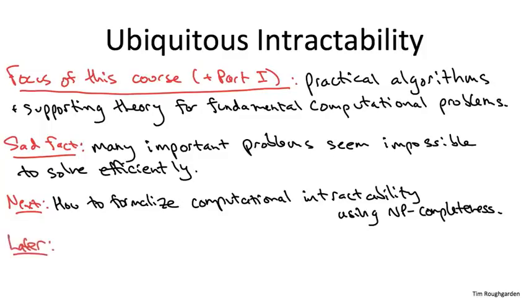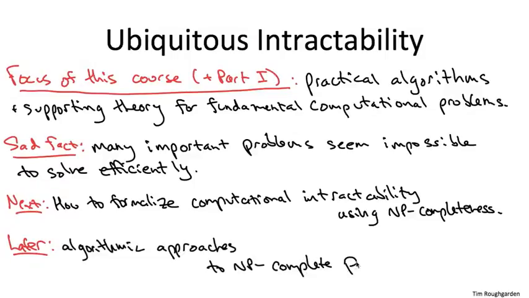My perspective here will be unapologetically that of an algorithm designer, and in particular, after our discussion of NP-completeness, the rest of this course is going to focus on algorithmic approaches to these problems. If you're confronted with an NP-complete problem, what should you do about it?